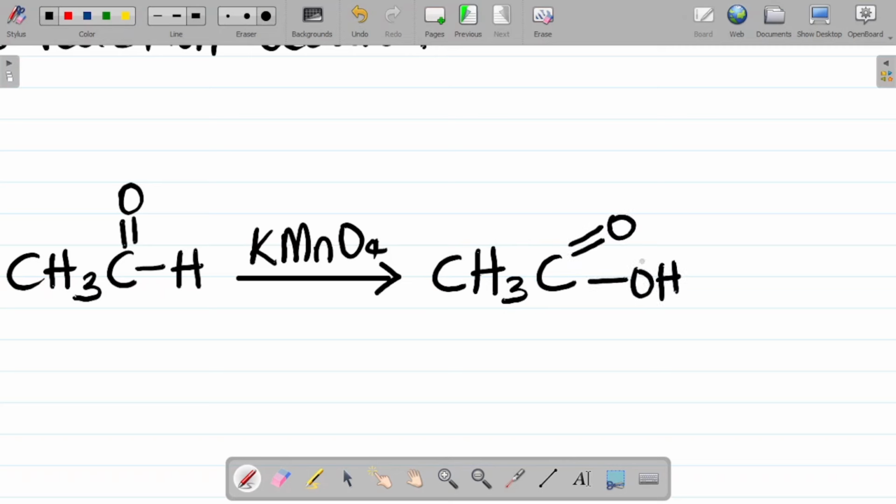So I have this. All right. So this is what you have. We could name this. This would be ethanoic acid.